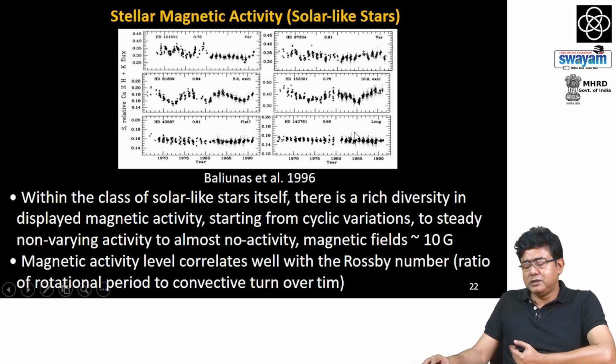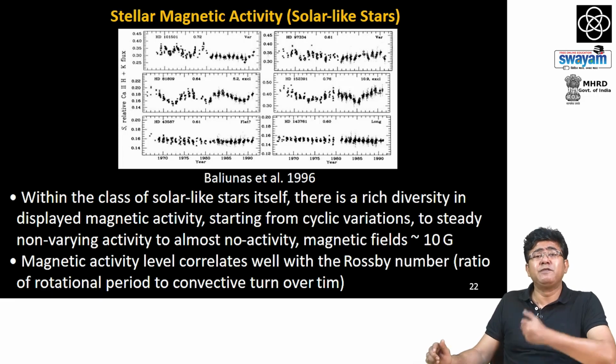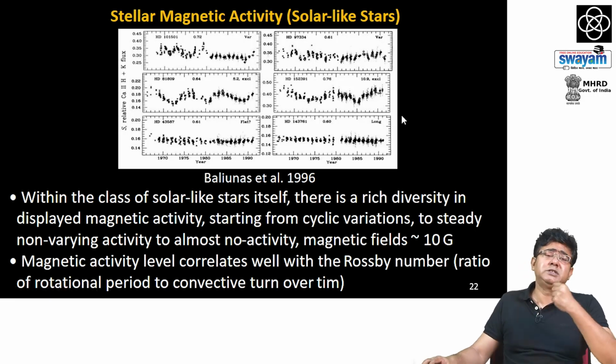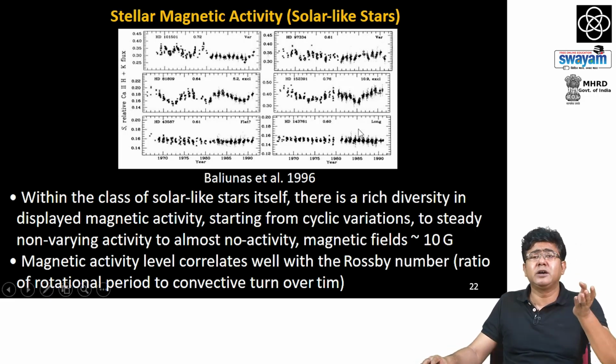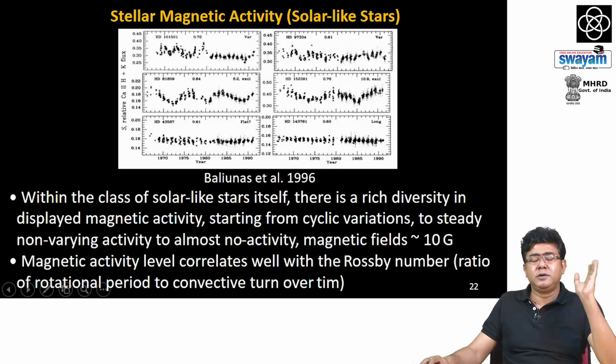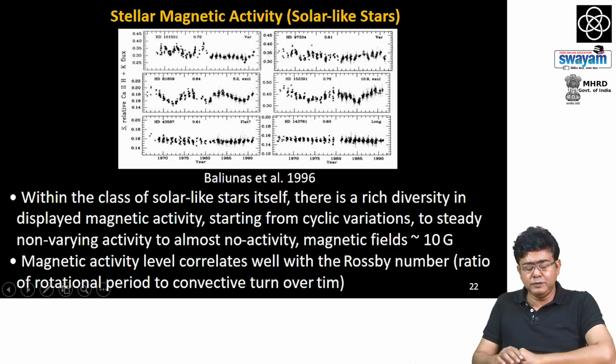In fact, there is a nice relationship between the magnetic output and the Rossby number that is gleaned from observations, and is also nicely explained by dynamo theory across a range of stars. This implies that dynamo is a universal process, not just in the sun, but across solar-like stars, which conform to a certain universality in how the activity levels scale with the Rossby number.